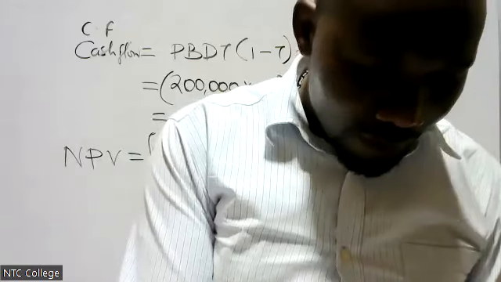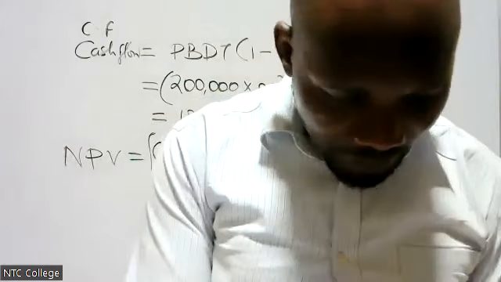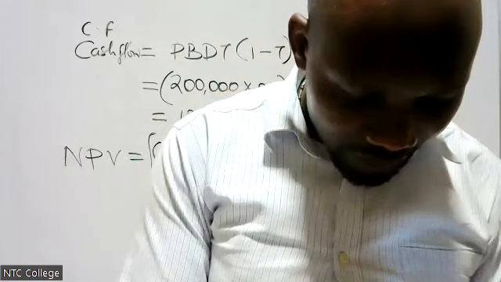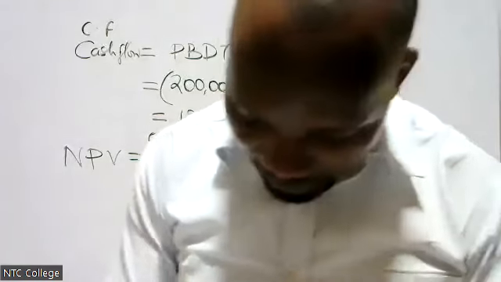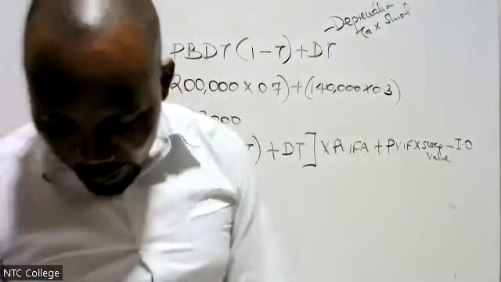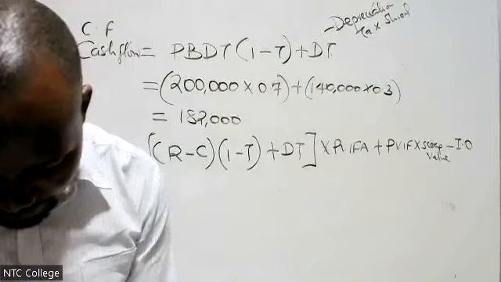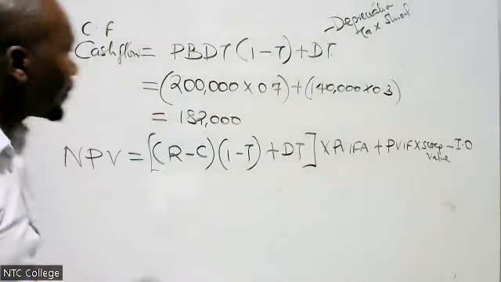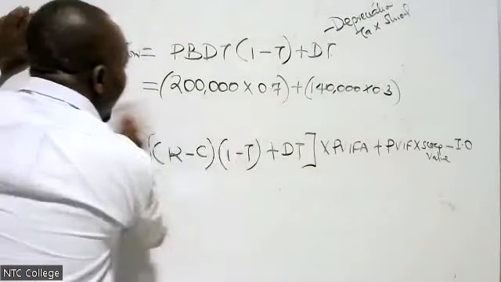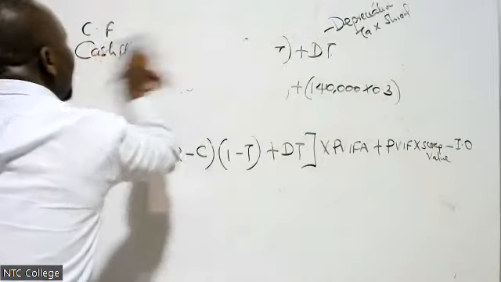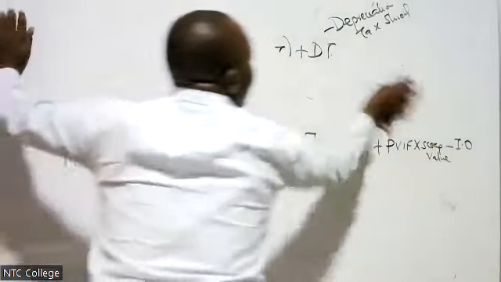Now, where do we start from? Who can tell me? So we are told to vary something. So say sensitivity analysis of the cost of equipment. That is Roman 3.